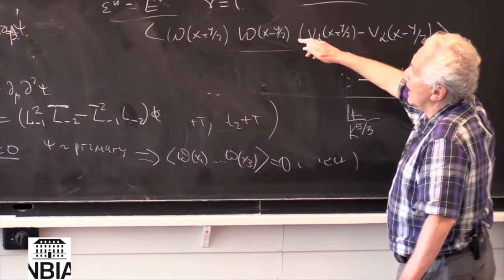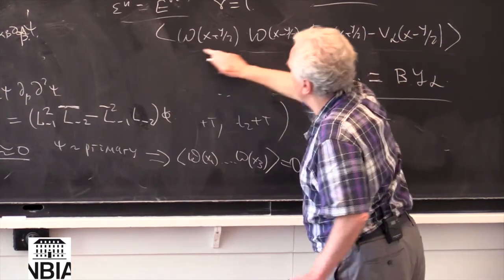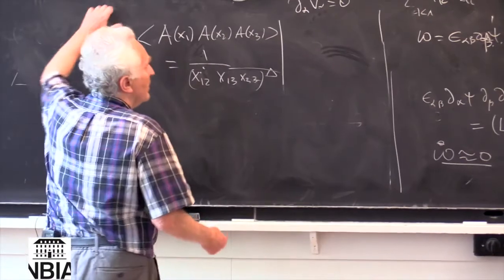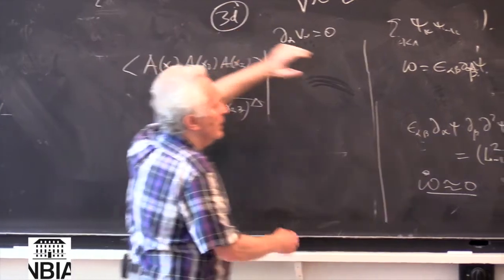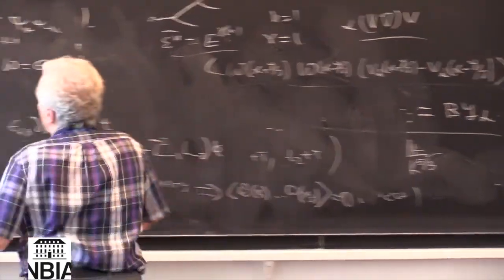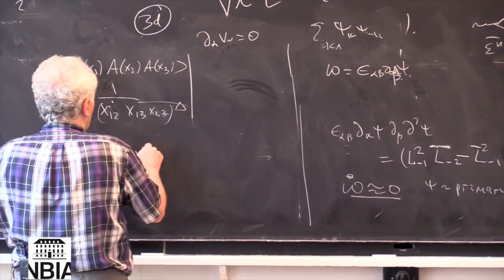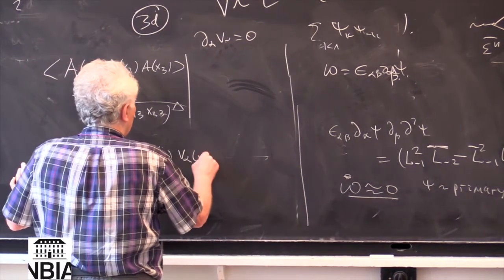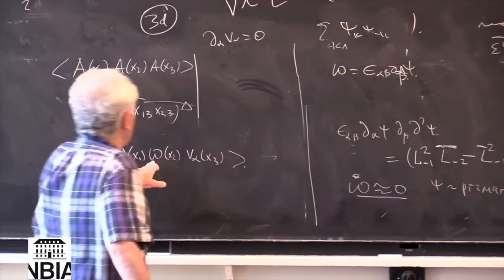But you can argue that this correlation function, it's a bit difficult to explain, but the correlation function is analytic in Y. At the same time, let's look at the correlation function omega of x1, omega of x2, v alpha of x3, from which you can obtain this function.